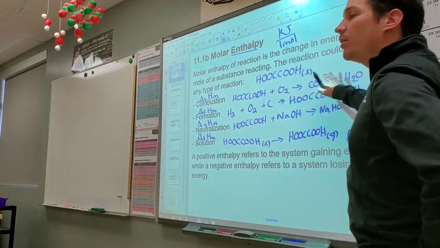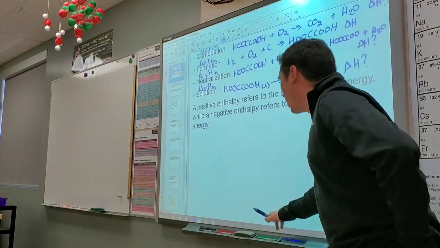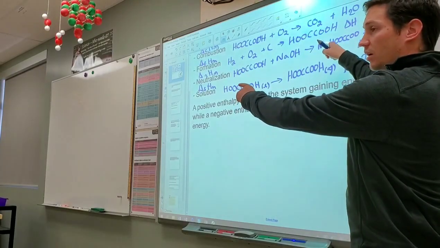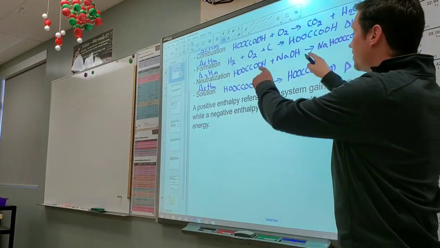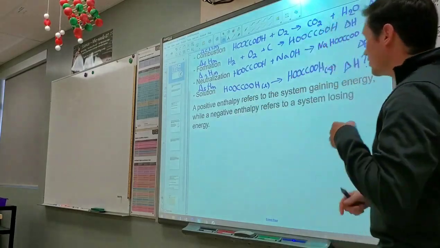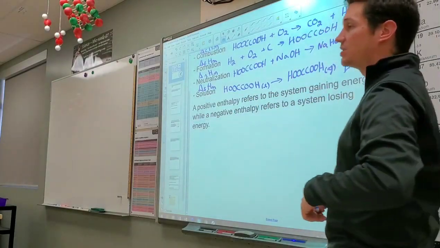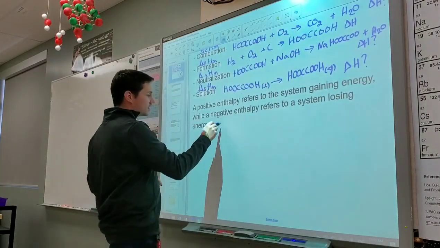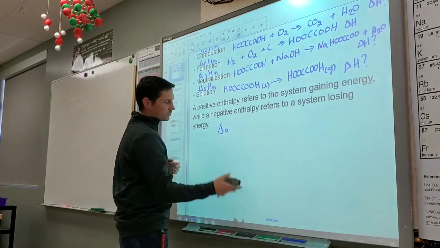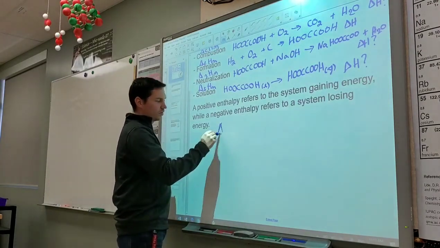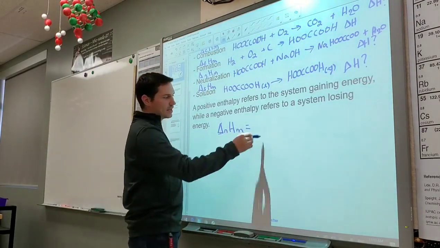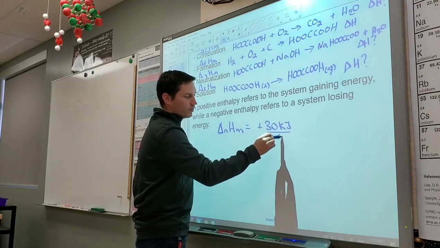Because we're talking about a chemical reaction, a positive enthalpy change refers to the system gaining potential energy, while a negative enthalpy change refers to the system losing potential energy. So we could say the molar enthalpy of neutralization for something is, let's say, positive 30 per mole.